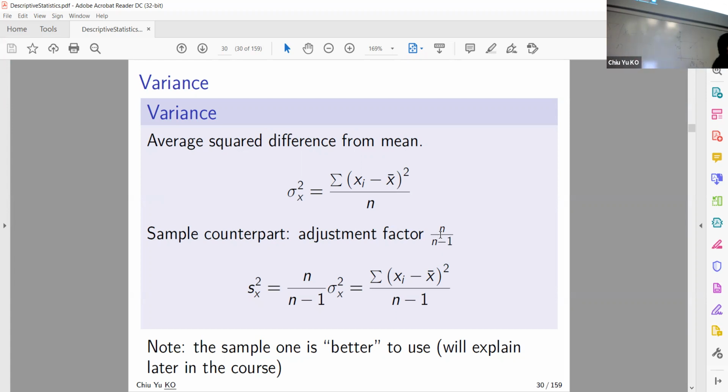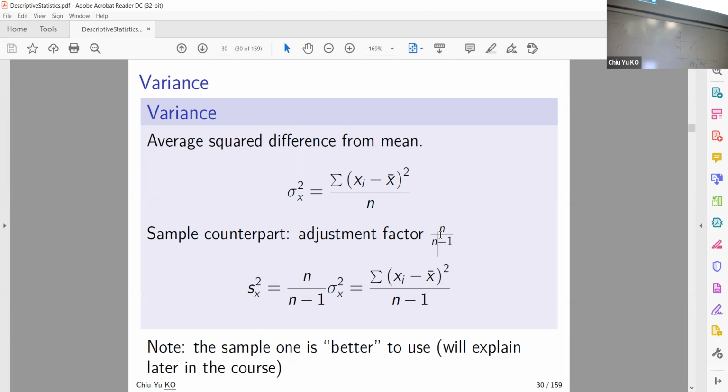So later we explain why this adjustment is good when you do prediction. Hopefully we learn that next class. In an Excel spreadsheet, when you use VAR for variance, by default Excel gives you the sample counterpart.